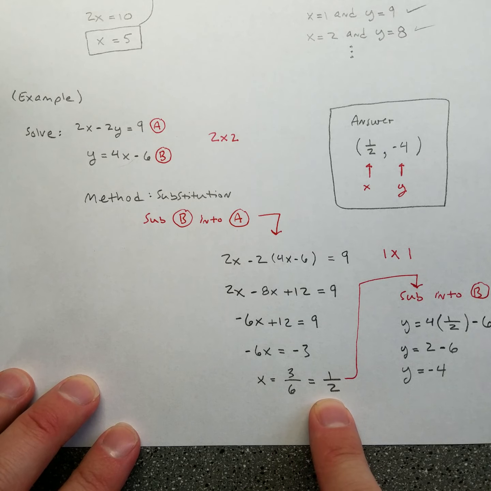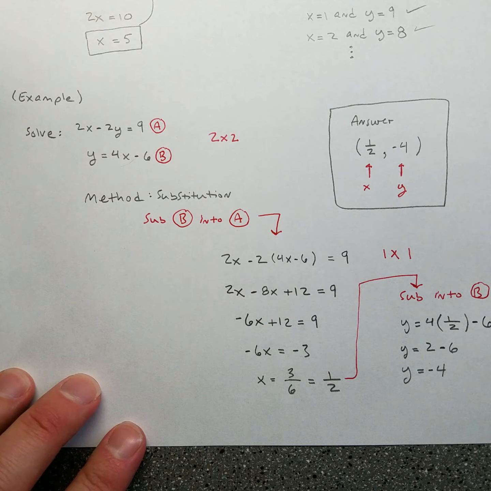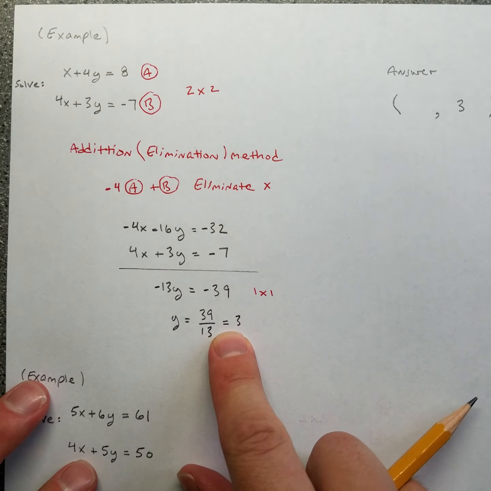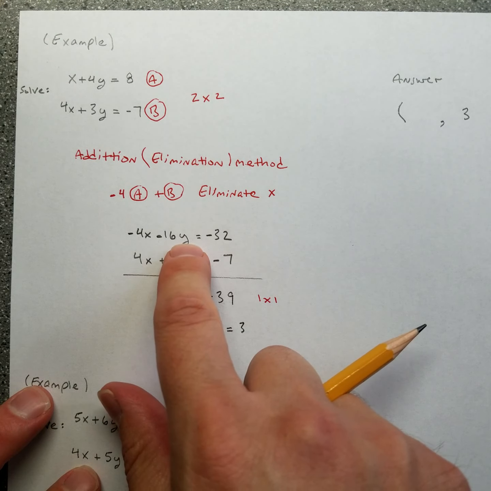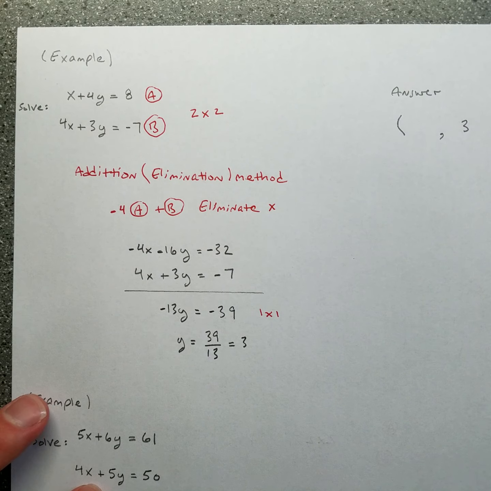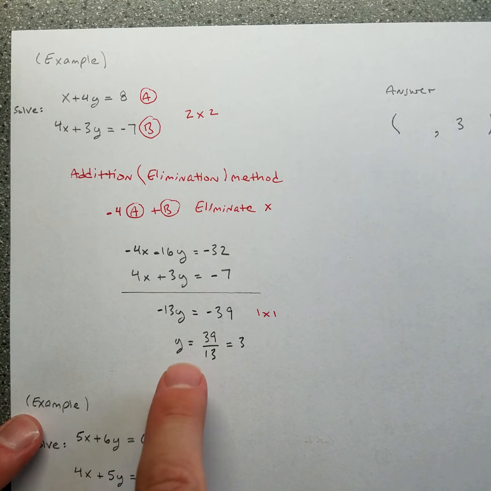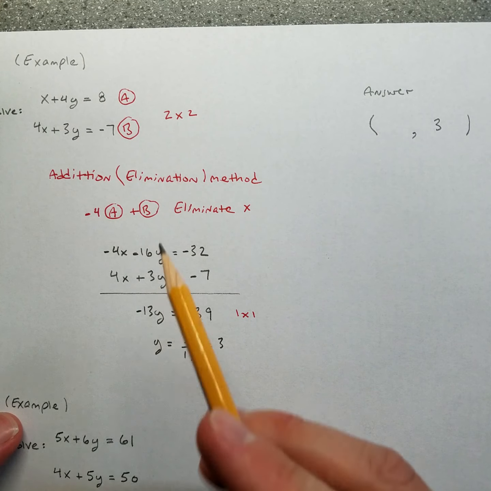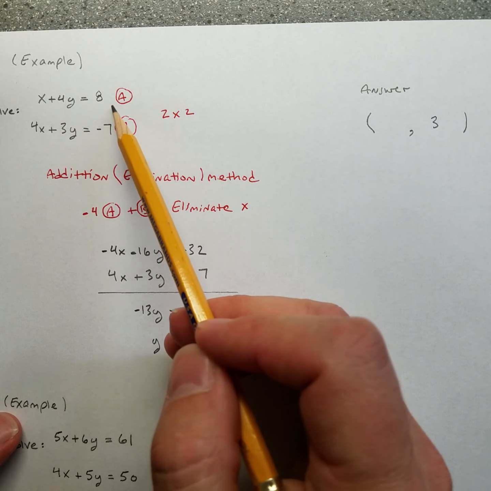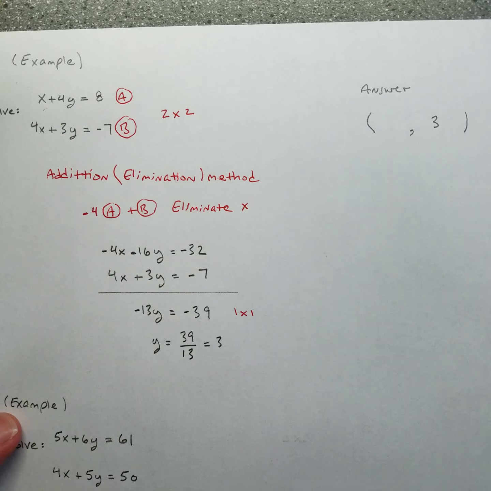Once you know x is a half, it's like all the x's up there turn to a half, and you try to figure out how to get y. So here, if y is 3, then really everywhere you see the variable y on the page, it becomes a 3, and you just have to figure out where of all that would be the easiest place to find the x. Now, as I look up there, I think that probably out of equation A would be the easiest way for me to tell you what x is.